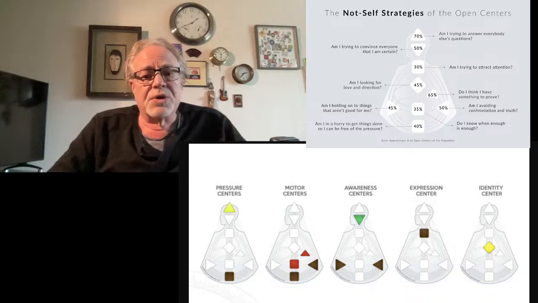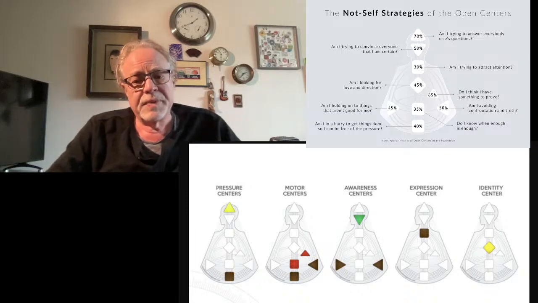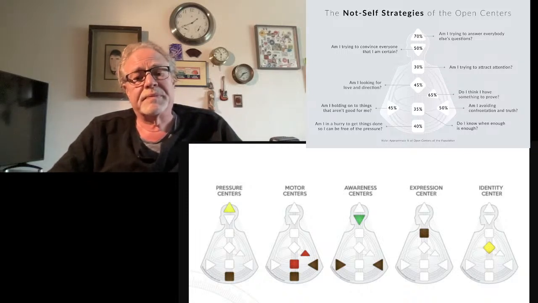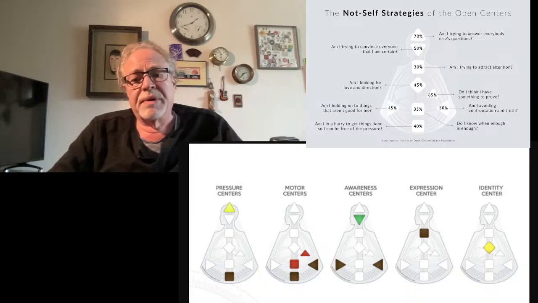There's nothing you can do about it other than say, wow, this isn't mine. I'm leaving this space. It's a big one. So avoiding conflict and truth. Now you can see how that plays in with your spleen, your sacral, to make a decision.